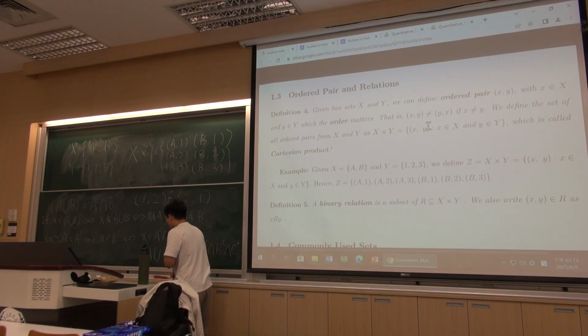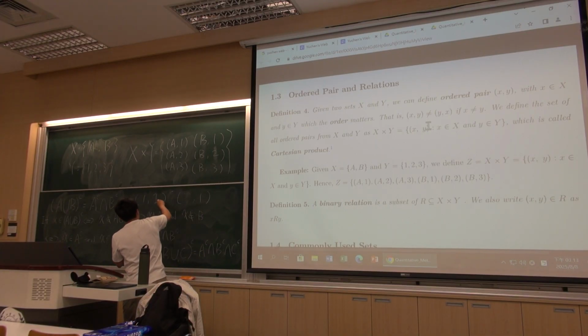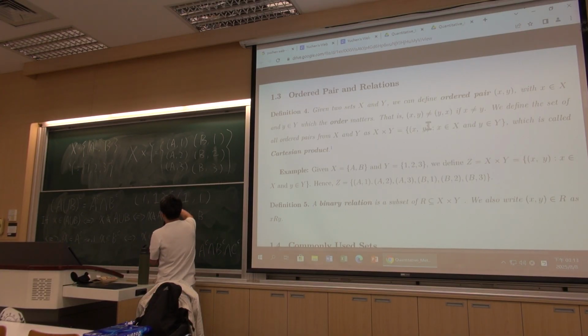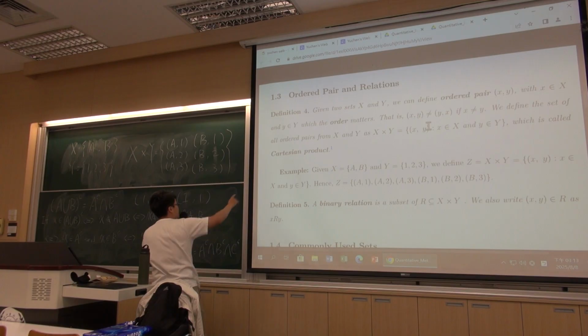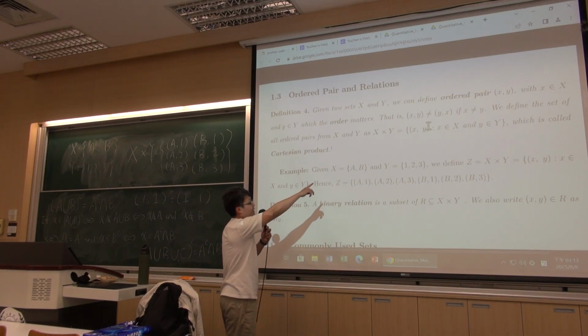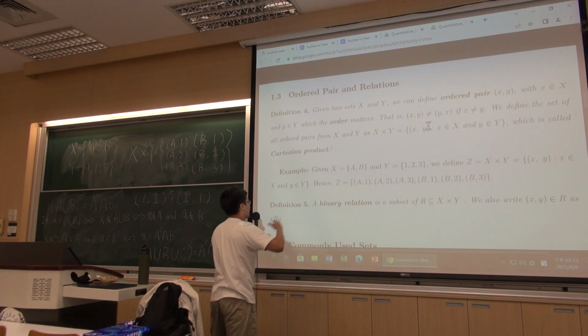The only exception is when both numbers are the same, for example, (1, 1) and (1, 1). In this case, of course, they are the same, right? So that's why I put it here: (x, y) does not equal (y, x) if x and y are not equal.